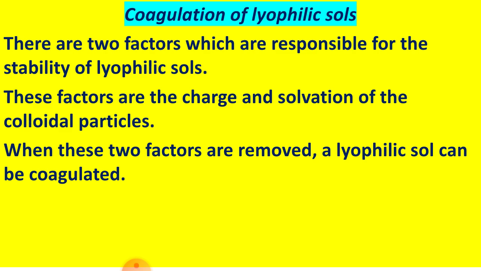That means when solvents such as alcohol and acetone are added to a hydrophilic sol, dehydration of the dispersed phase occurs. Under this condition, a small quantity of electrolyte can bring about coagulation. So this is about the coagulation of lyophilic sols, which are more stable due to solvation and charge.